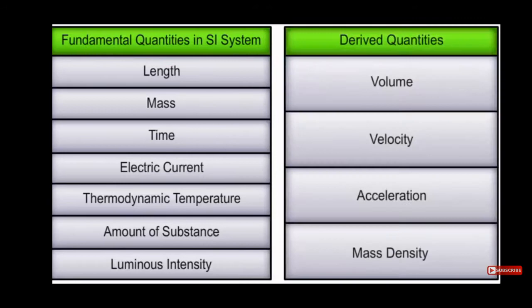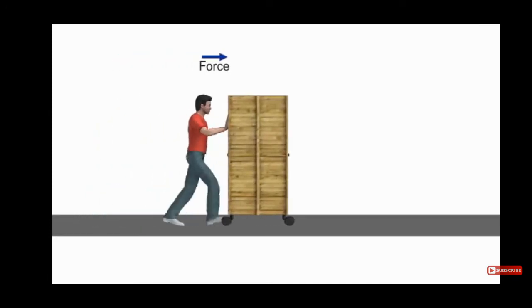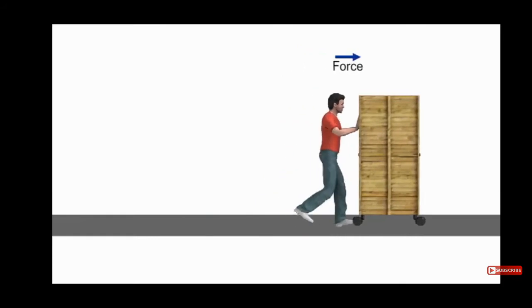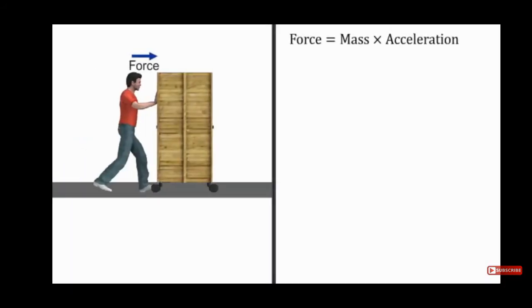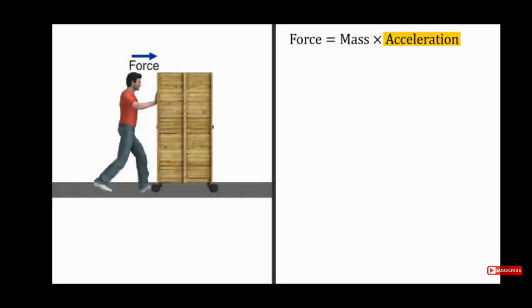Therefore, when a derived quantity is expressed in terms of base quantities, the resultant expression is the product of different powers of the base quantities. For example, consider the quantity force. Force is the product of mass and acceleration. Mass is a base quantity, and acceleration is the derived quantity, which is the ratio of change in velocity to time.